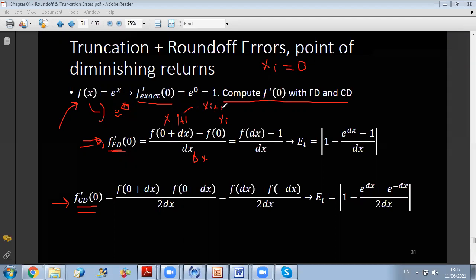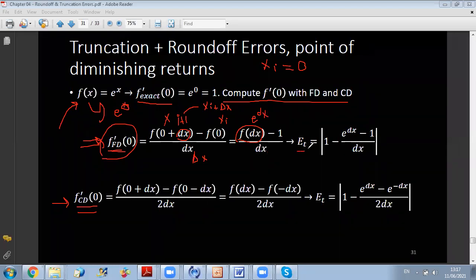They present delta x by dx here. It's fine, but it is delta x, and when we put dx, it's tending to 0. So it's f of 0 plus delta x minus f of 0, over delta x. If I replace f of dx by e to the dx, the computation of f prime using the forward scheme is e to the dx minus 1 over dx.